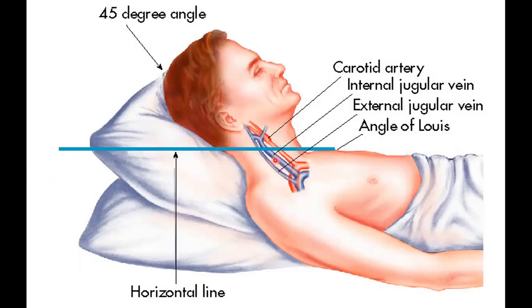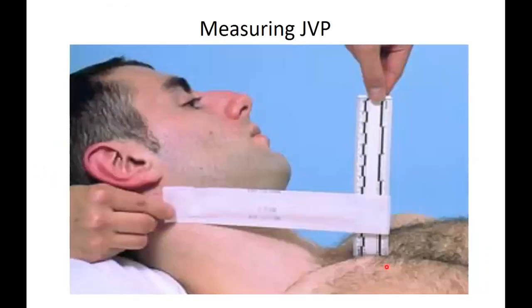So there will be distended jugular veins that are below this line, and there are also portions of the distended veins that are above this horizontal line. It is this distance that we're interested in, this distance of distension above the horizontal line. If you look at this diagram, you can see that this ruler is going all the way up to the angle of Louis, and then we have an imaginary line there.